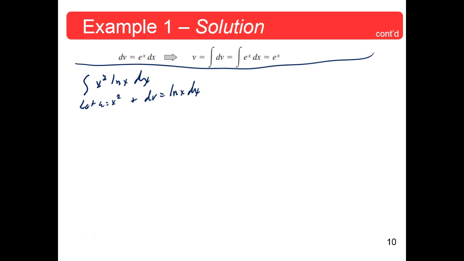The integral of log x, oh no. I can't think of any function that when you take a derivative, you get log x. There may be one, but I can't think of it right now. So that's the problem with that. So u needs to be log x. Okay, let u be log x. I think that might be all right.